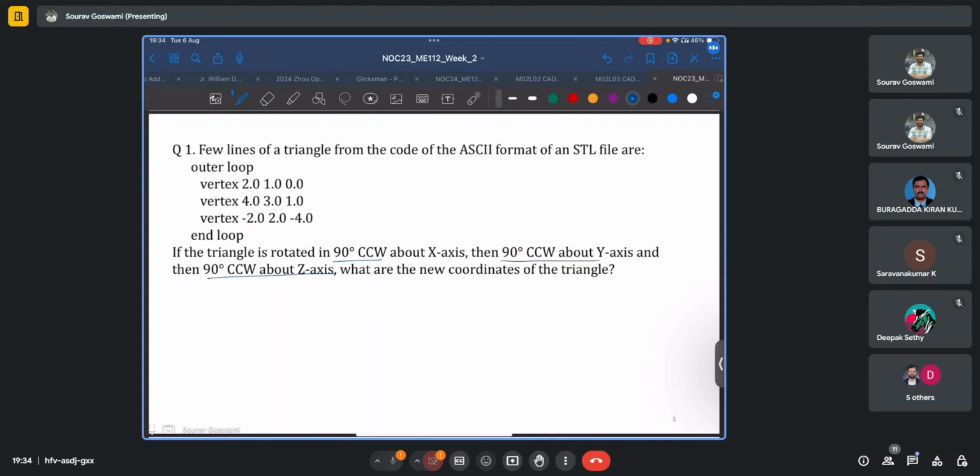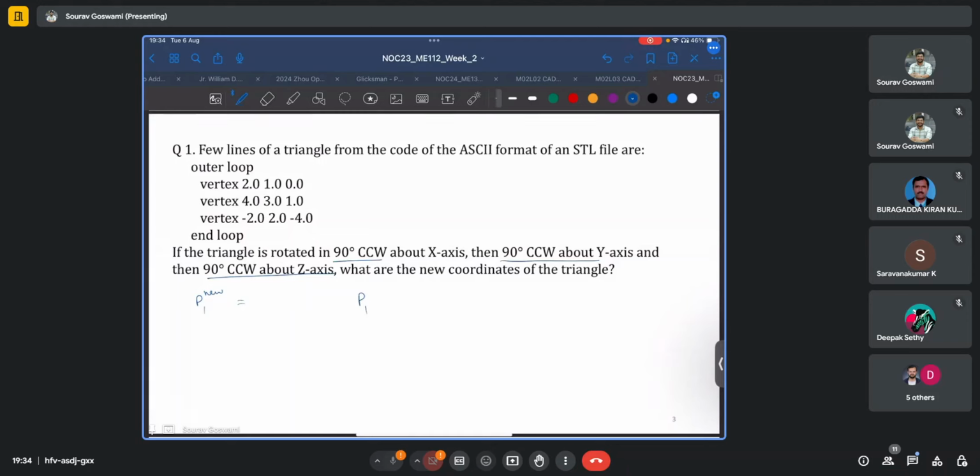We already discussed the derivation of this in great depth. We know that we have to do this pointwise, and each new point, say P1 new, will be some matrix multiplied form of the previous point. So we have the original P1.